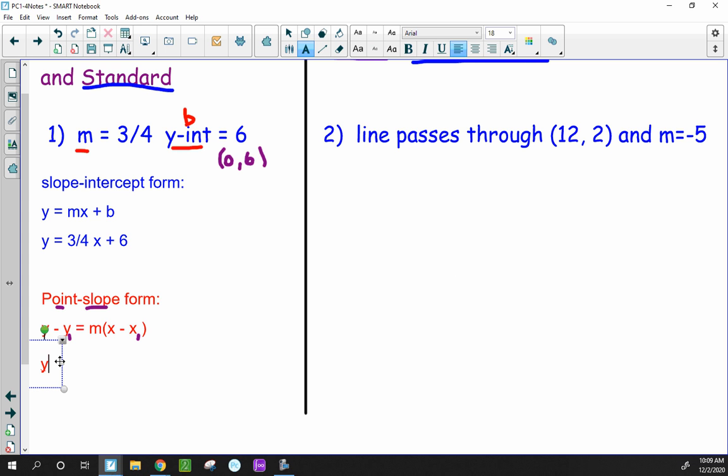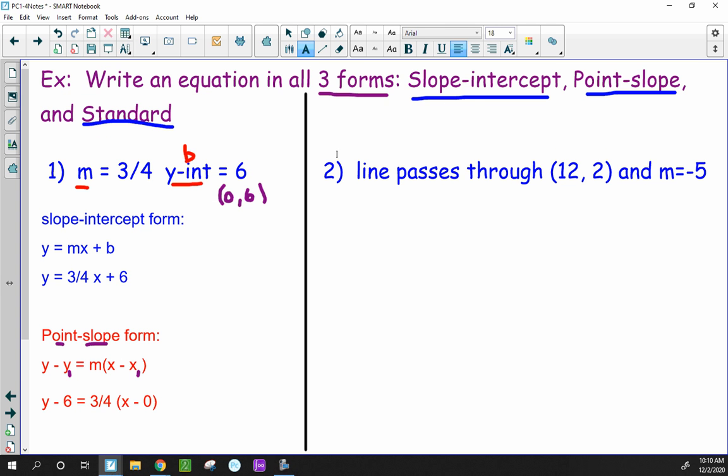It would be y minus the y-coordinate of the ordered pair here is 6 equals 3/4 times the quantity x minus, and the x-coordinate in this ordered pair is 0. So this is the slope-intercept form, and this is the point-slope form. And it looks different, but it models the exact same information. Okay, so we've done this one and this one. Now we're moving on to standard.